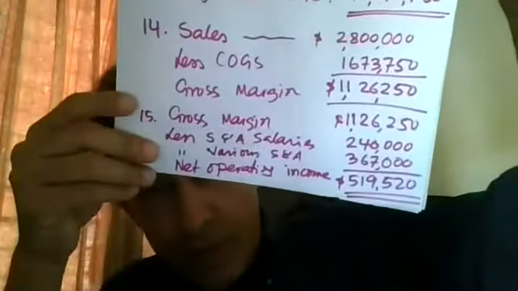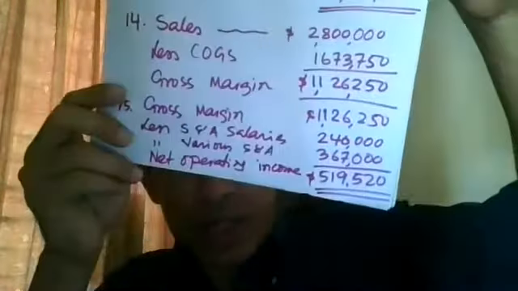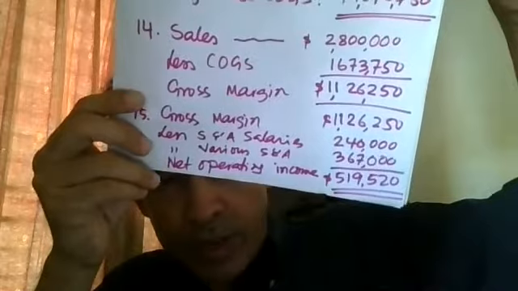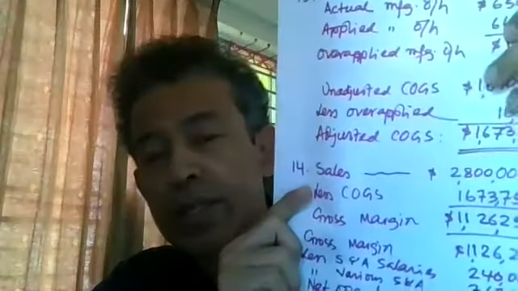Sales was given as $2.8 million. Sales $2.8 million less cost of goods sold, the amount that we have just got here, the adjusted one, that is 1.673750. So interesting point here is that there is a cost of goods sold given to us.